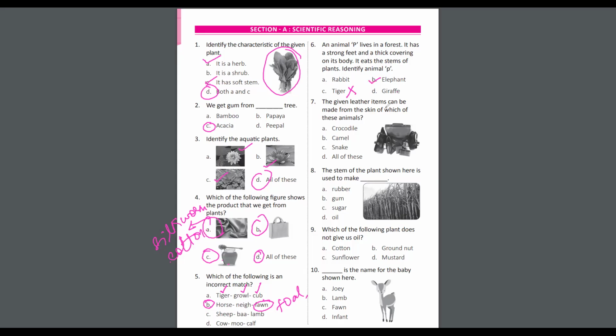The given leather item can be made from the skin of which of these animals? So, leather items, we have just learned that leather items are made from the skin of animals. So you need to tell which animal skin is used for leather items.